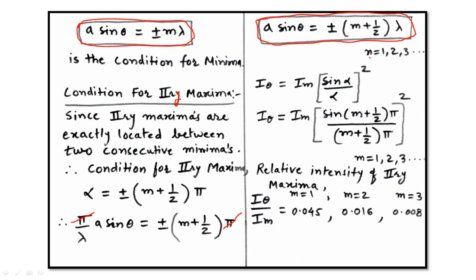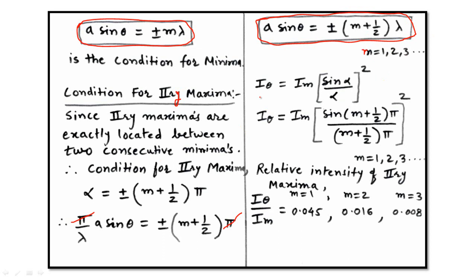So m is equal to 1 stands for first order secondary maxima, m is equal to 2 stands for second order secondary maxima, m is equal to 3 stands for third order secondary maxima, and so on.